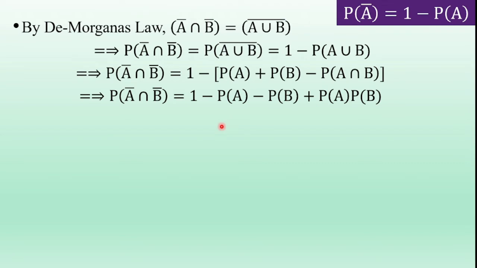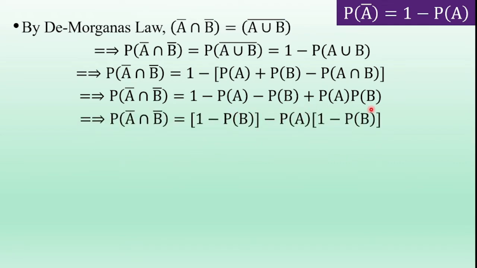The RHS of the equation is arranged as 1 minus probability of B, and in the remaining terms take the common minus probability of A into 1 minus probability of B. For both the terms, 1 minus probability of B is the common term.